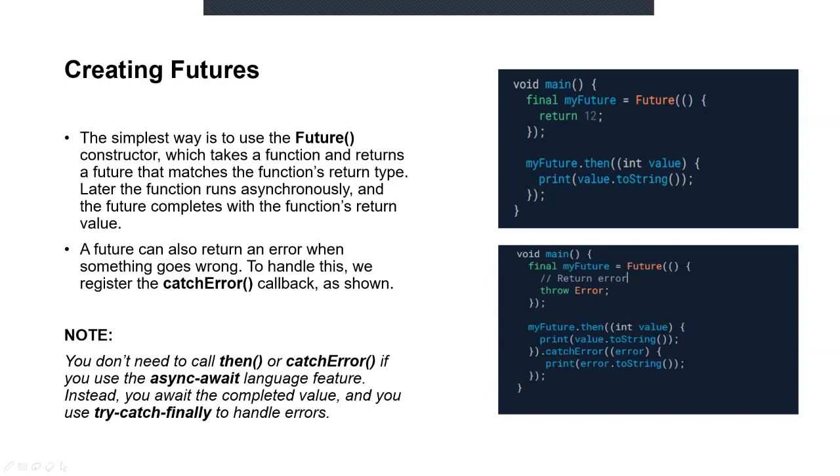This callback represents what is to happen with this future, and it's expecting an int. If you return a string here and you pass an int here, then definitely it's going to give you some problems. Remember, the type is determined by the return type of the Future constructor callback. Since we are returning an int, the .then callback also expects an int, and here we just print it.